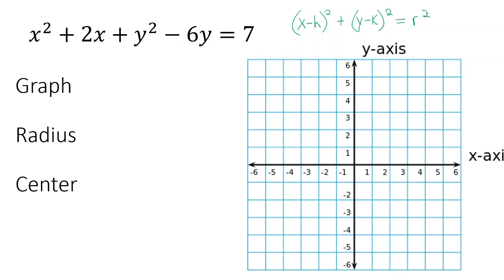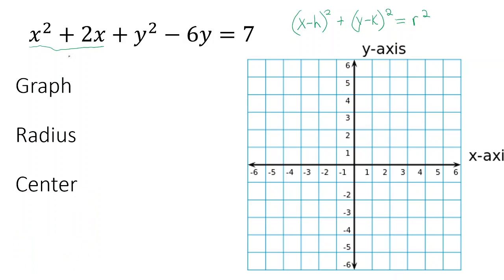So as you can see in this particular problem, we're not in the right form because there's multiple x's here, and they're not in parentheses, not squared. These don't have that perfect square that we need in order to be able to graph it. So we're going to take the time to put that into that form.